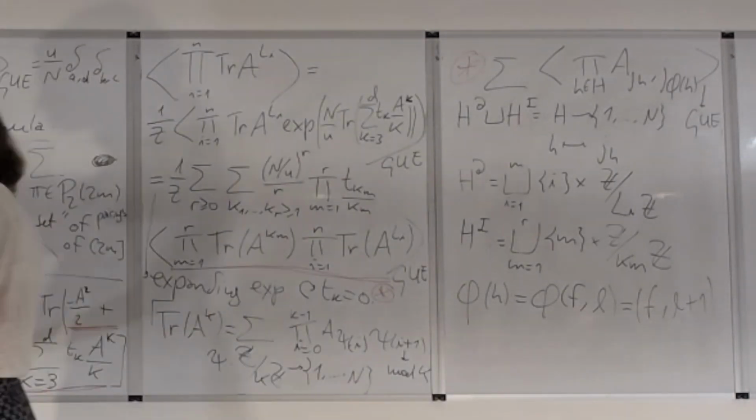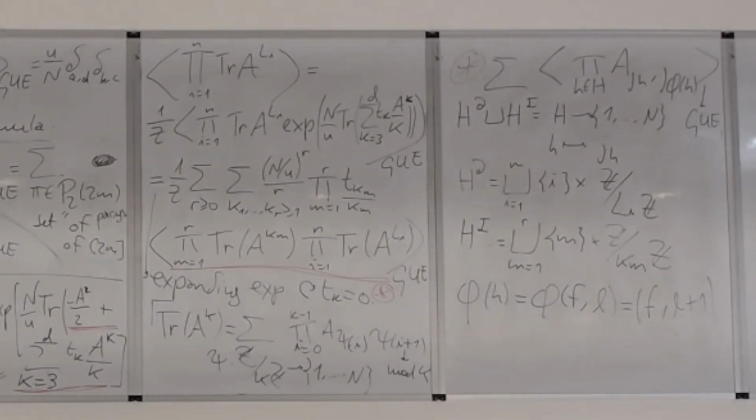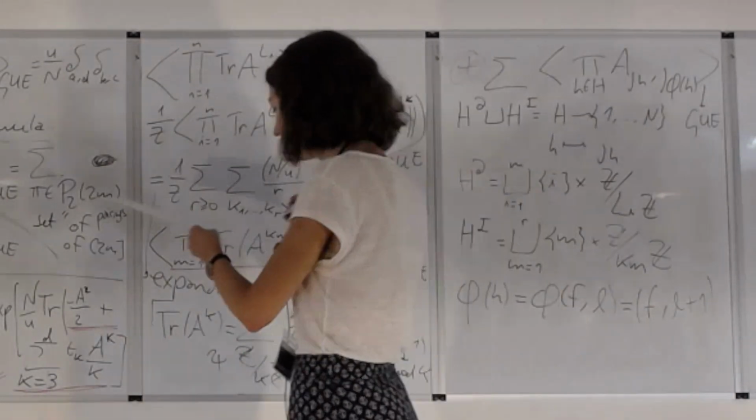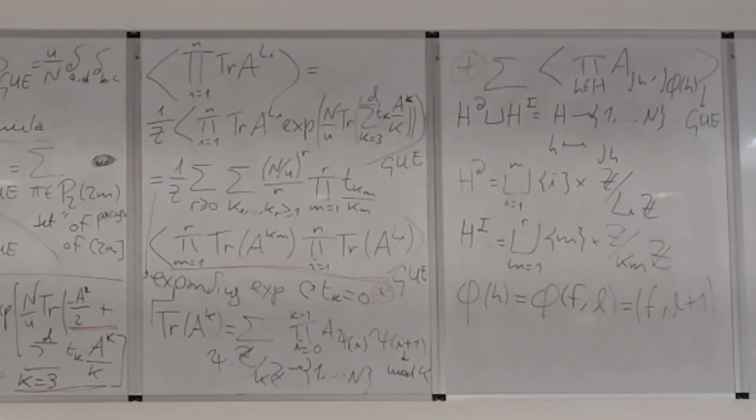So, okay, now we use Wick's theorem. Wick's theorem is the sum over all possible pairs of the guys appearing in the product. So we can encode this as just some fixed point free involution.